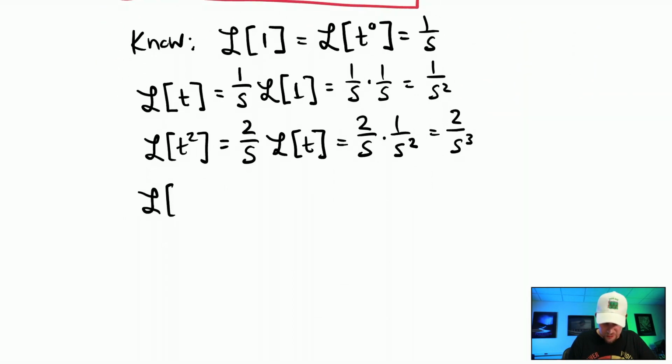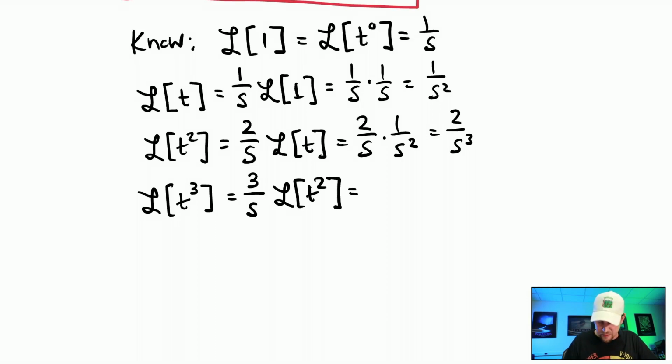I'll do 2 more just so you can see what's going on. So if we had the Laplace transform of t cubed, according to our recursive relationship, that would be 3 divided by s times the Laplace transform of t squared, right? But this is 3 over s times 2 over s cubed, or I'll write it as 1 times 2 times 3 divided by s to the fourth.